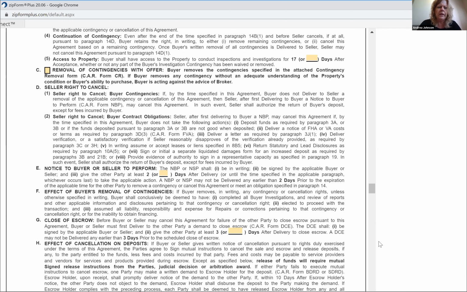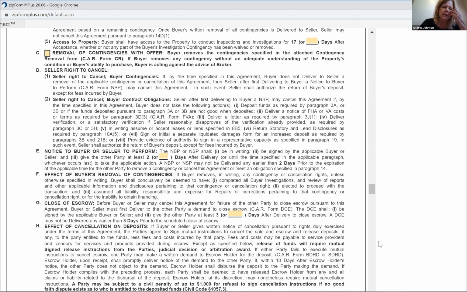When things were really, really heated up in 2013, 2014, 2015, there were training companies that were recommending checking this removal of contingencies with offer to say we're going to buy the house no matter what. I really strongly advise against this. It might get your offer accepted, but it might land everybody in court as well. I think buyers should make an informed purchase decision after conducting inspections, and removing the contingencies with the offer takes that away.